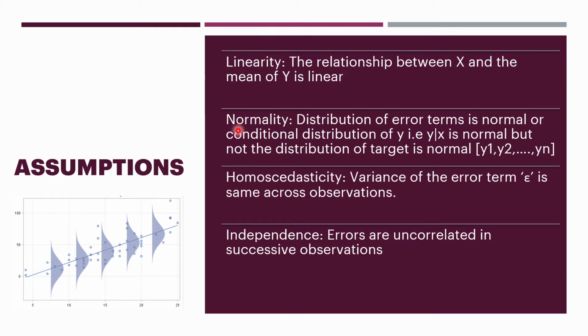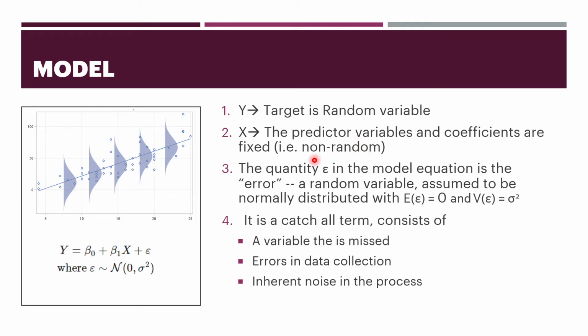The second assumption that we are making is the normality assumption. What does this normality assumption say? It says the distribution of the error terms is normal. You remember that we have said that a linear regression model will always have this error term. The assumption is that the error term has a probability distribution.